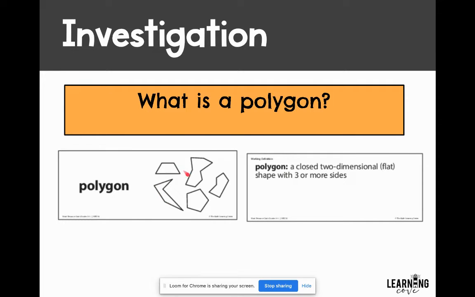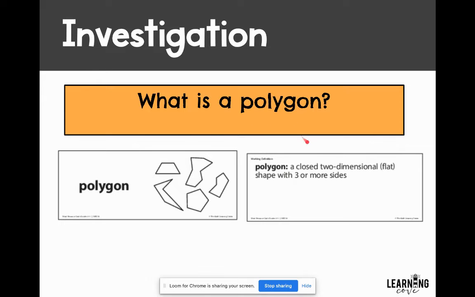I'm also noticing, third graders, that these shapes have so many different numbers of sides. And some of the shapes have opposing sides that are parallel, like this one here, and others don't. So polygons have a lot of different attributes, and we need to think about what they all have that is alike, so that they can be called polygons.